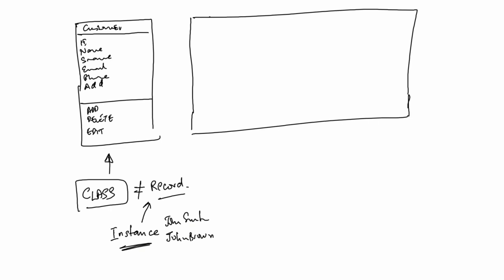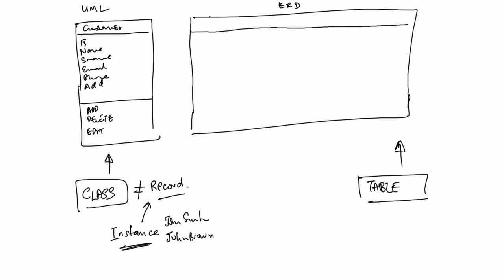Right. So this is UML. This is ERD. This is a class. This is a table. Now, at the top of the table, this is your customer table.